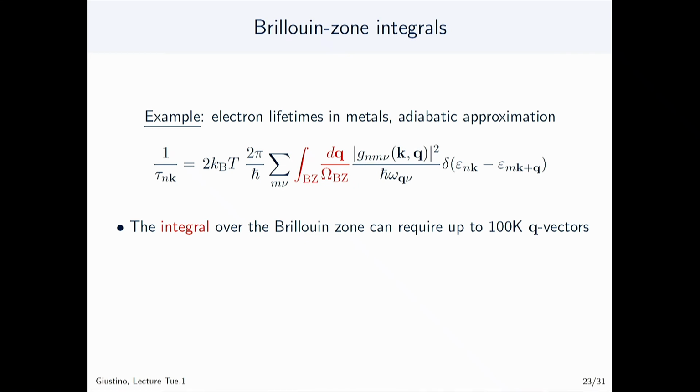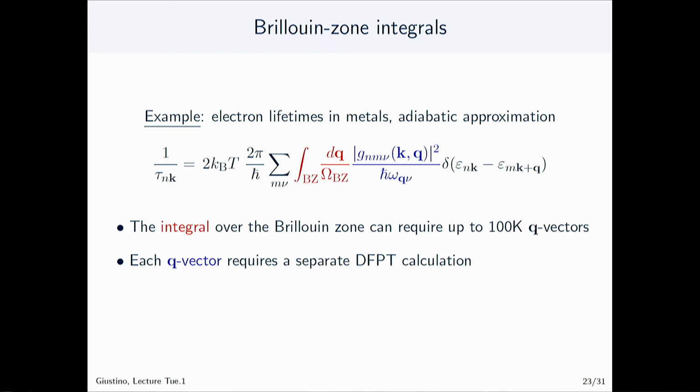So that's not a big number if you're doing simple maths, but since you need to perform one DFPT calculation for each wave vector, that can become essentially impossible for most systems, okay? So that's where the complexity comes from.